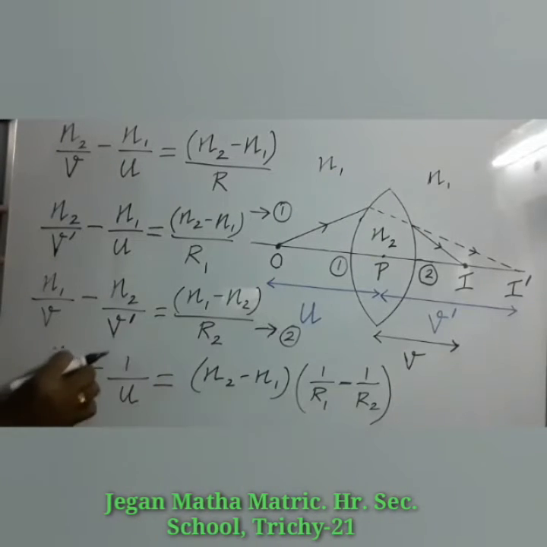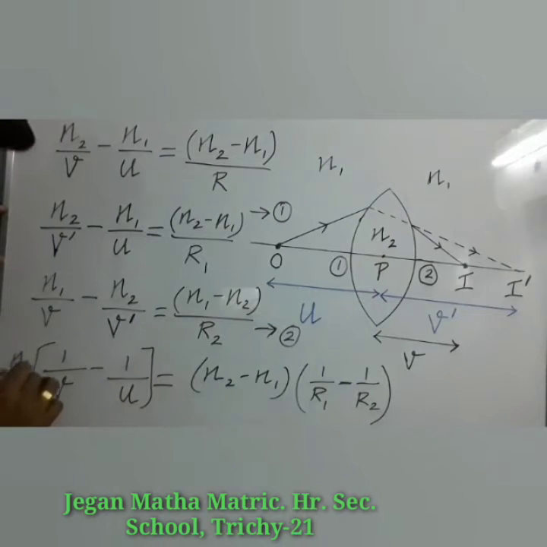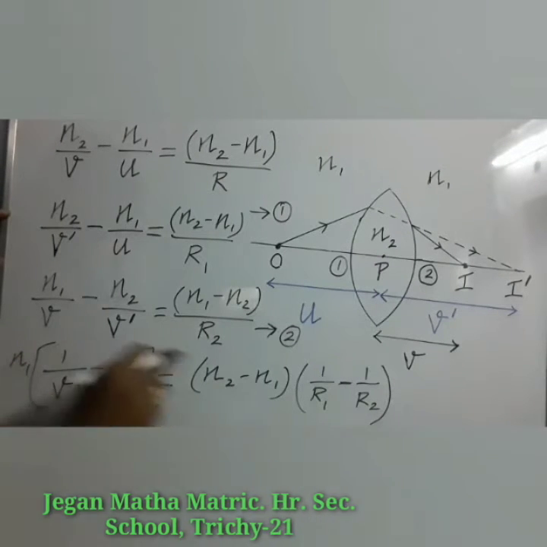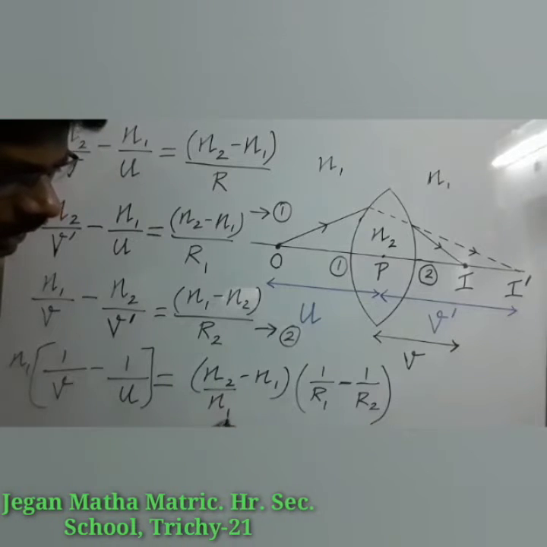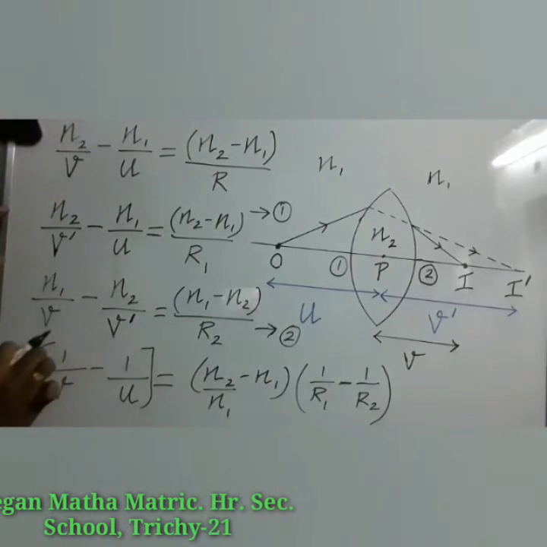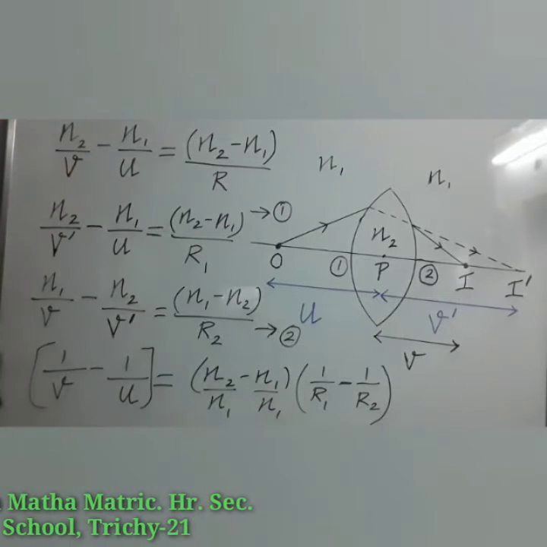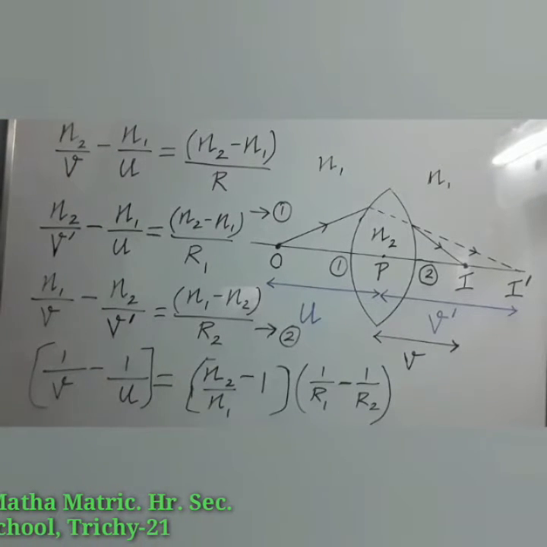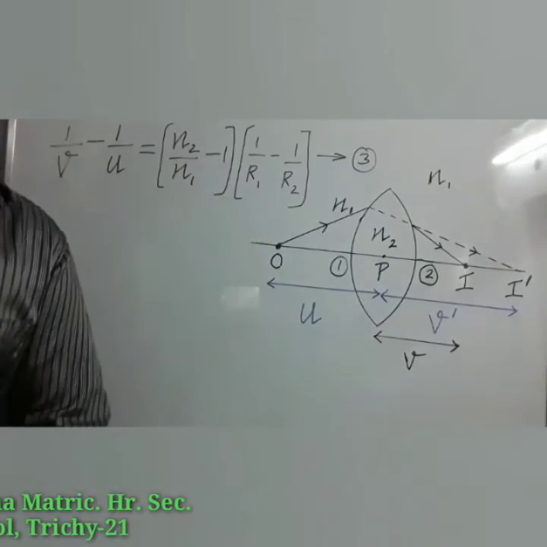Here 1 by U, here also 1 by B. N1 is the common thing here. But N1 can be taken to the right hand side. So N2 by N1, N1 by N1, here you can write that as 1. Let us take this equation as the third equation.